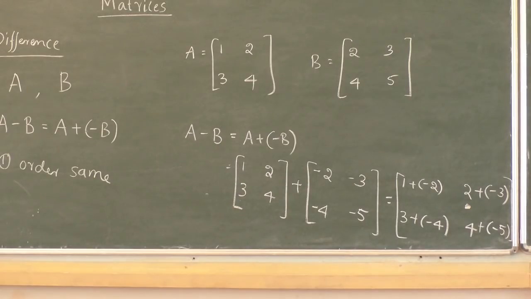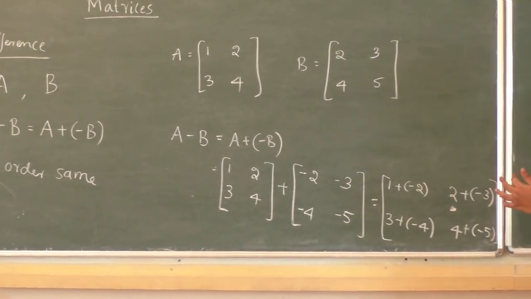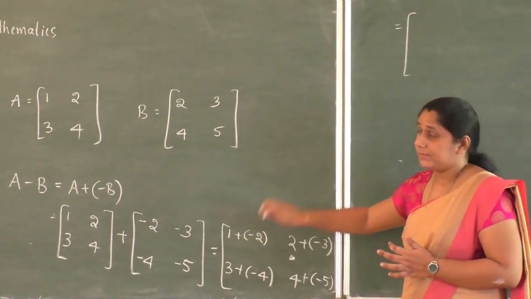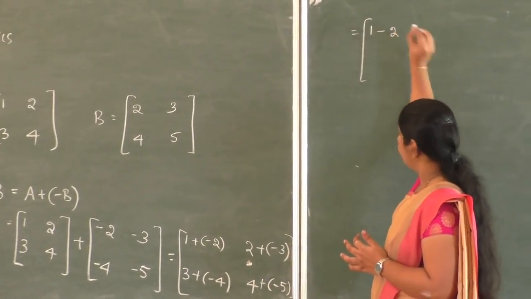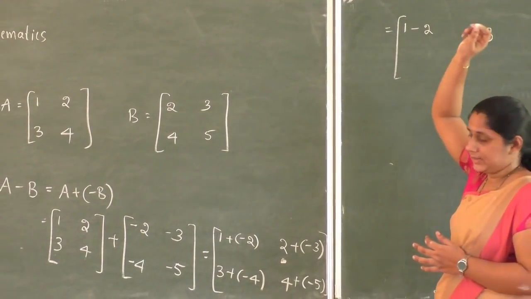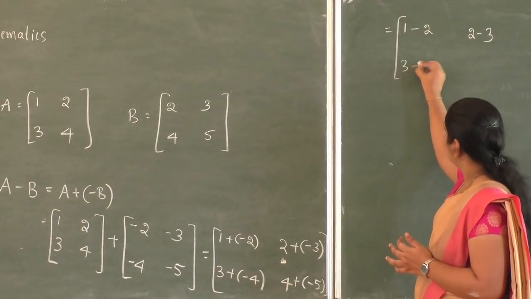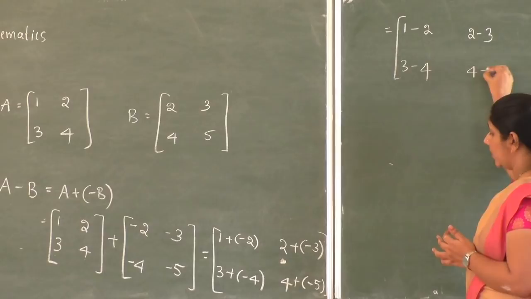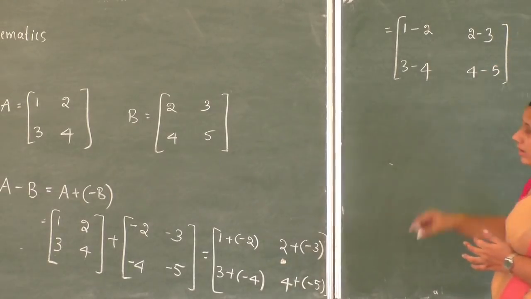So the final matrix is 1 minus 2, second element 2 minus 3, second row first column element 3 minus 4, and second row second column 4 minus 5.